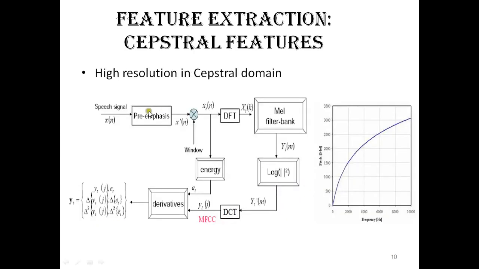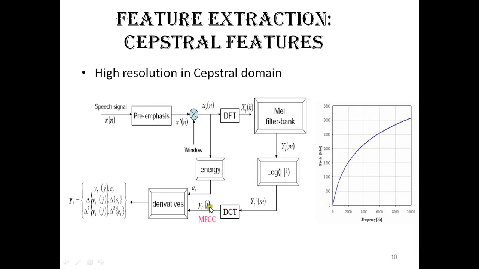This is a simple block diagram that will help us obtain the Cepstral features. We do a pre-emphasis, then window the signal and take the DFT, pass it through the Mel frequency filter bank, then obtain the log of the energy squared, and then perform a DCT operation to get the Mel frequency Cepstral coefficients.